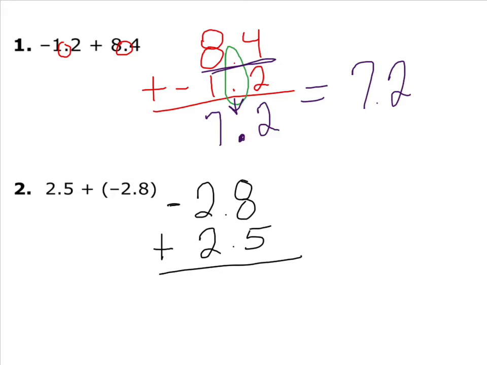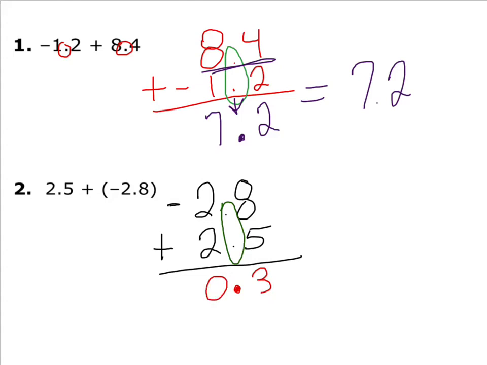Reminder, we lined up our decimals. Then I'm going to follow my integer rules just like I normally would. My signs are different, which means I have to subtract. So I'm going to drop my decimal down. I'm going to subtract. 8 minus 5 is 3. 2 minus 2 is 0.